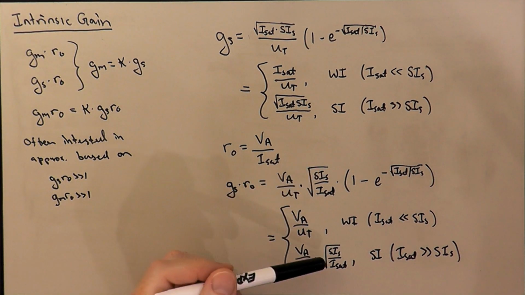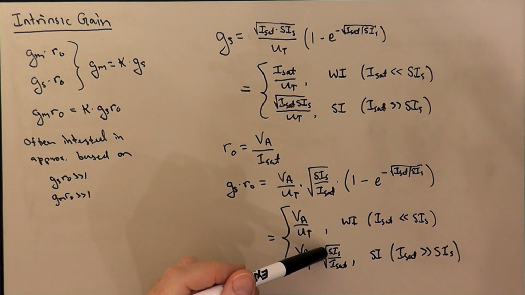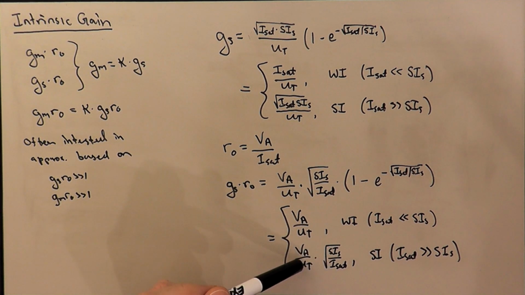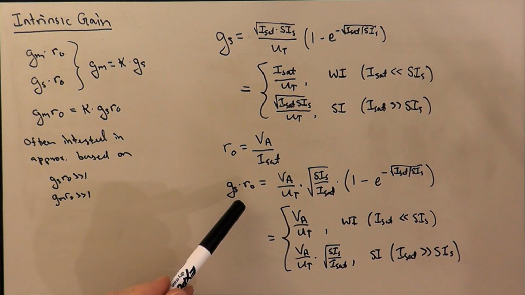And it turns out that quantitatively it falls off inversely with the square root of the saturation current. So if you're, let's say, 100 times above the threshold current, SIS, then you're down by 1/10 of the intrinsic gain that you have in weak inversion. And now in this theory, the intrinsic gain should be a maximum down in weak inversion.